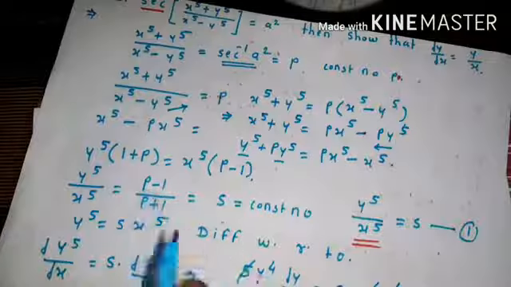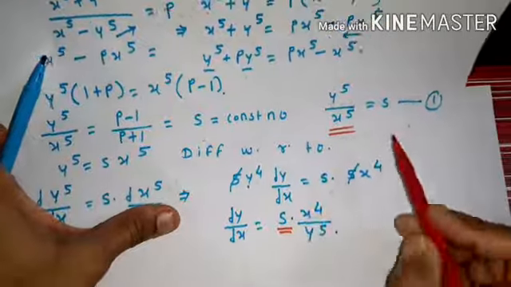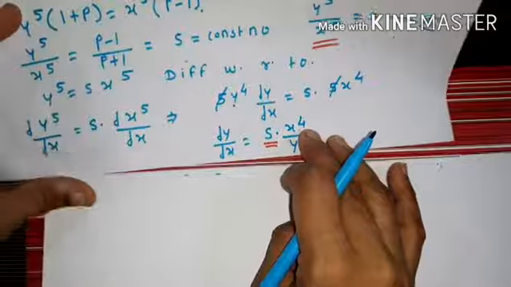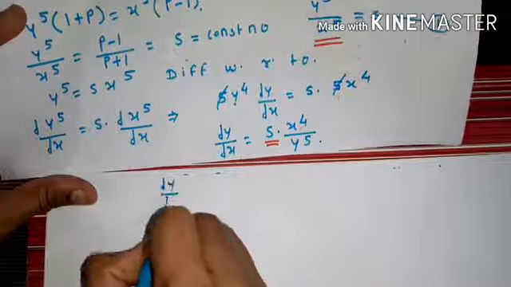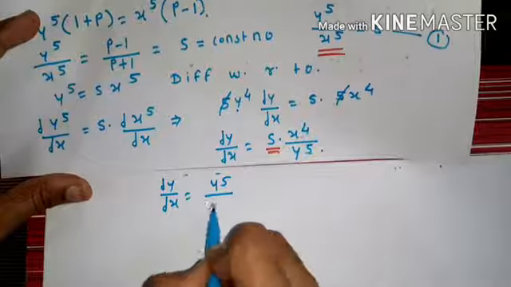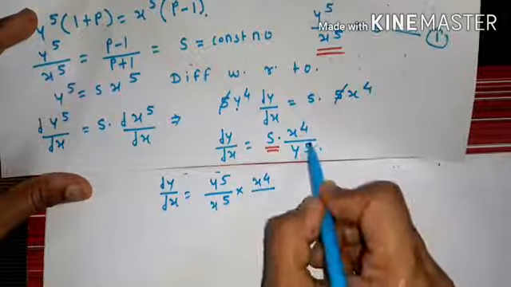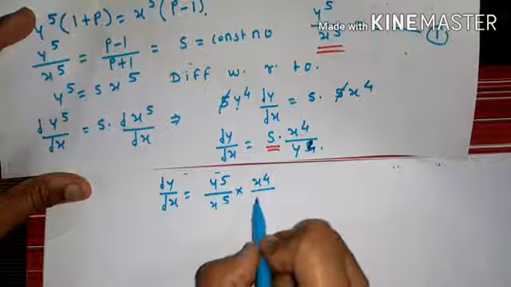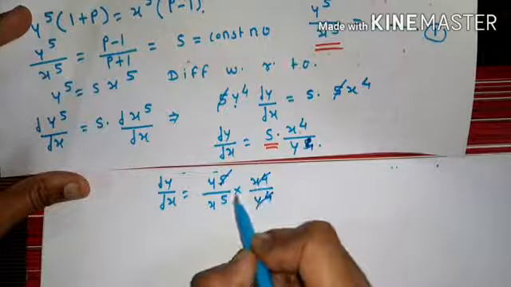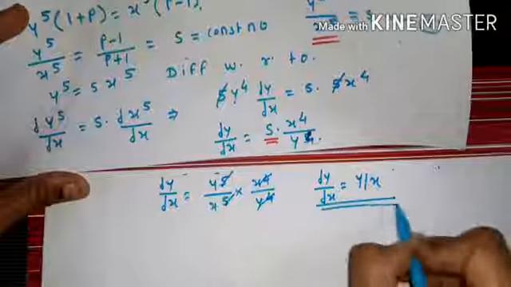Now put the value of s from equation 1. So we get dy by dx equal to y^5 upon x^5 into x^4 upon y^4. Here y^4 gets cancelled, x^4 gets cancelled, and now dy by dx equals y upon x, which we had to show.